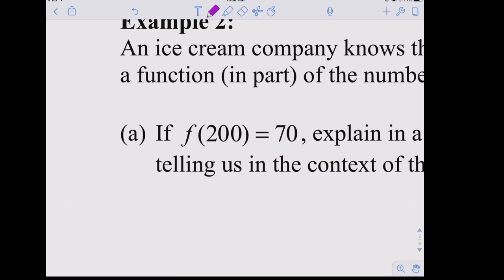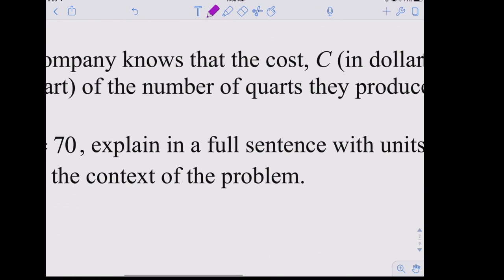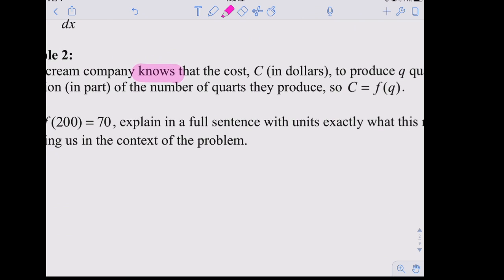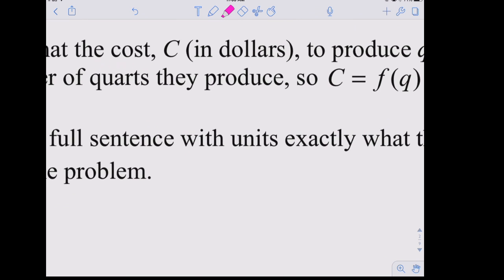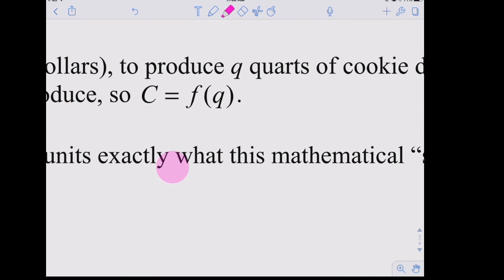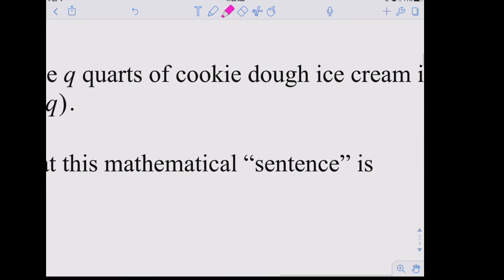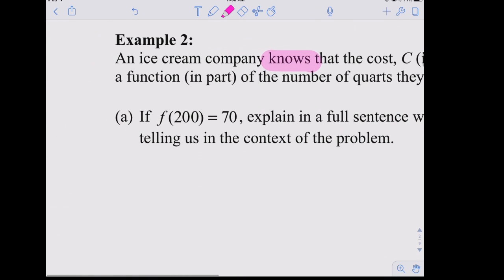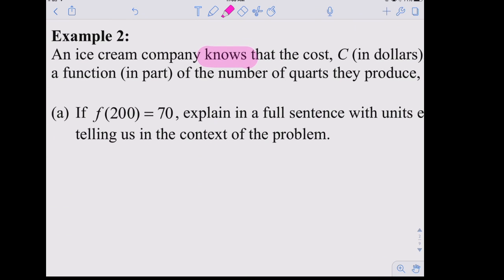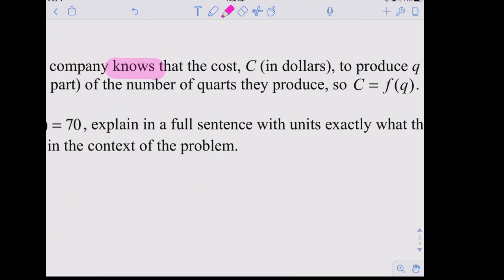An ice cream company knows. That's kind of what's creepy about ice cream companies, is they know that the cost, C, in dollars, to produce Q quarts of cookie dough ice cream is a function, in part, of the number of quarts they produce, right? The more quarts they produce, the more it costs them to produce it.